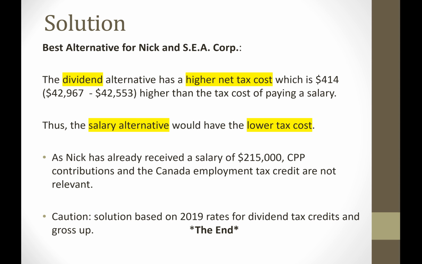Just as a final word, this solution and question is based on the 2019 rates for the dividend tax credit and the gross up. So if you are using a different taxation year, you can still work through the calculation on your own, but use the new dividend tax credit and gross up amount for the year that you are currently in. That brings us to the end of this video solution, and we'll see you in the next video.